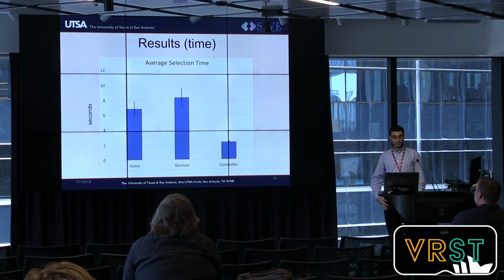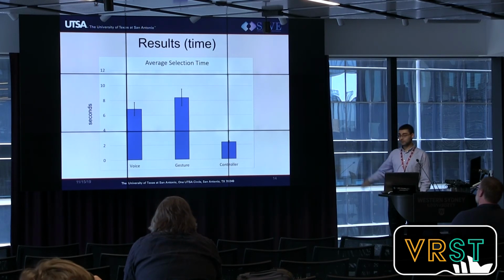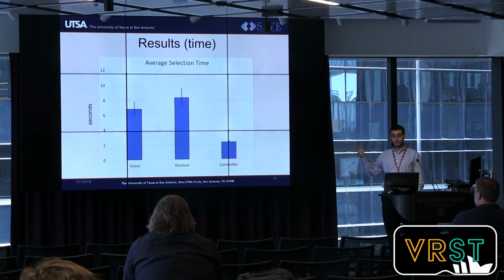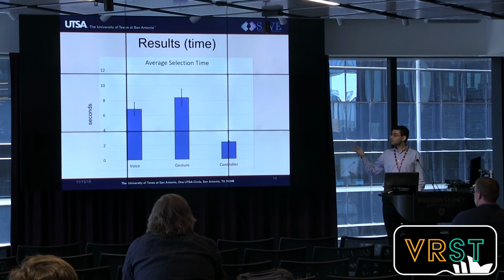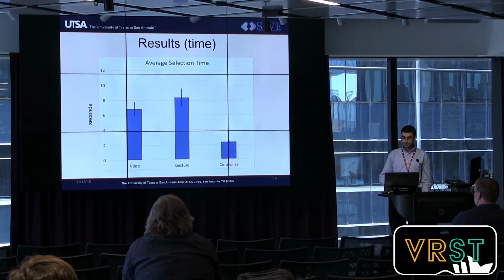Now for our results, in terms of time, the controller was far quicker, and the time between selecting each of the spheres was slightly over 2 seconds for the controller, but the other ones were 7 or 8 seconds.